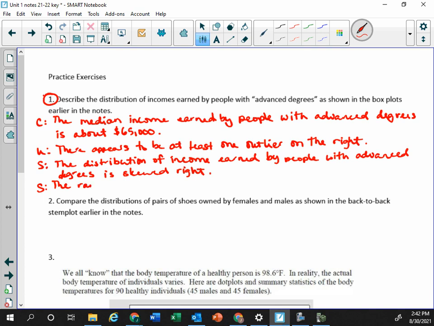The range of incomes earned by people with advanced degrees I'm going to say is about 300,000.